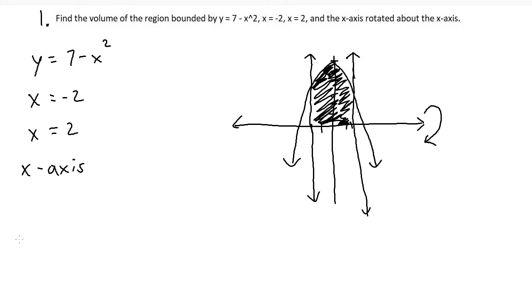So once again, I'm going to write the formula for the disk method. The volume equals pi times the integral from a to b of r of x squared dx. And since we are rotating everything about the x-axis, we're going to put everything in terms of x.